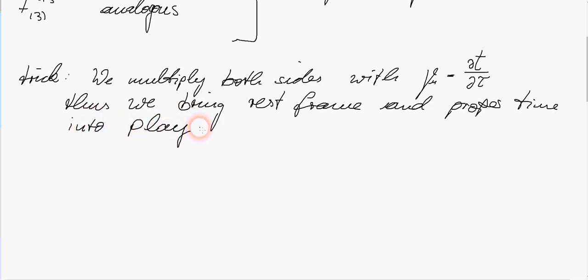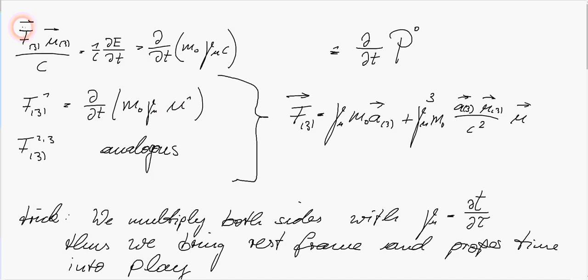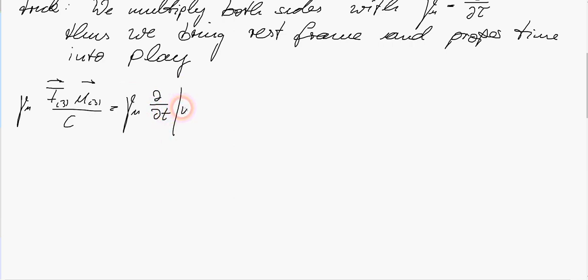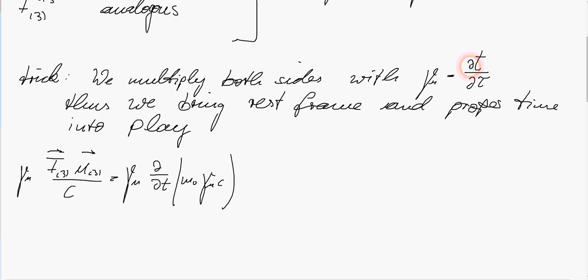Let's see what happens. Both sides of the equations times γ_u. On the left side we have the first component, γ_u times F₃ times u₃ over c. This equals γ_u times d/dt of m₀ γ_u c. As we know, γ_u equals dt over dτ.